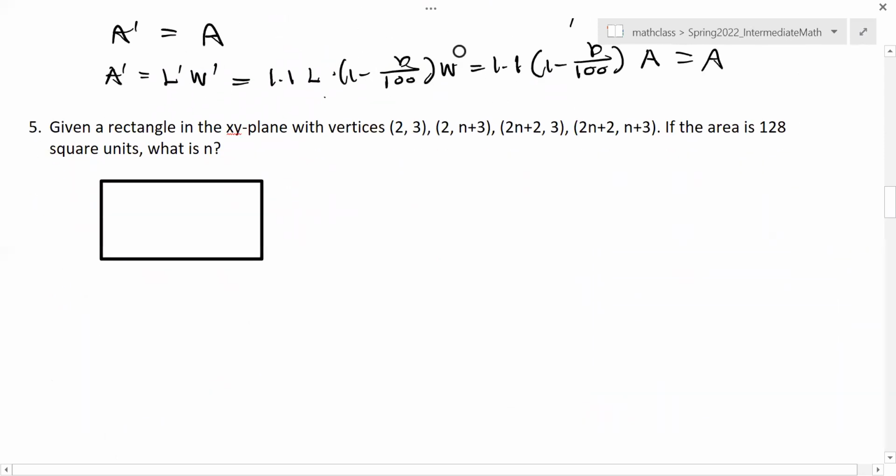For this problem, I need you to know a little bit of information about coordinates. If you are on the XY plane, every point corresponds one-to-one to a pair of numbers, usually called A and B. Where's A from? A is from here. Where's B from? B is from here.